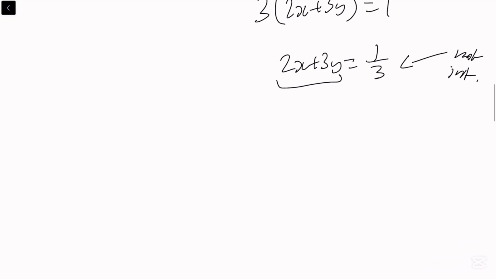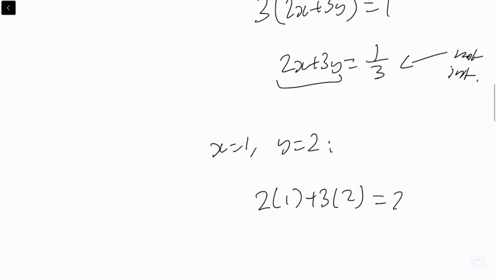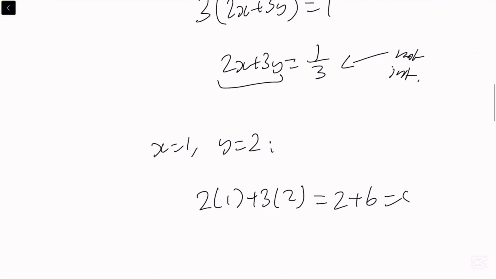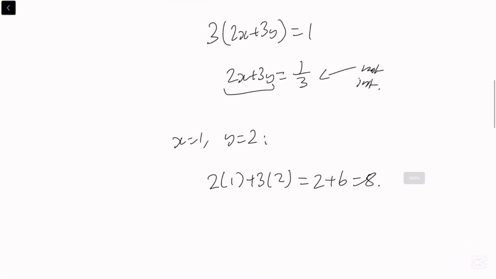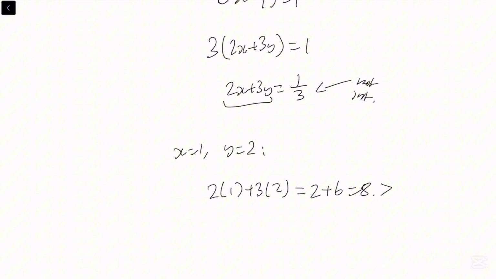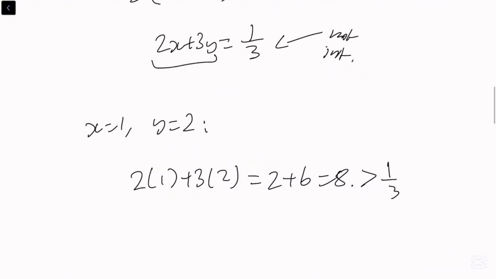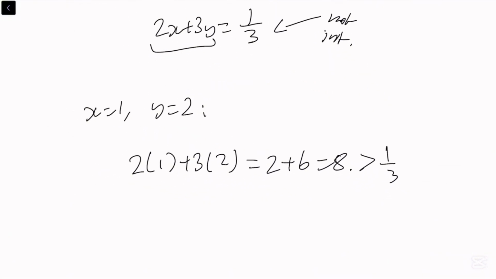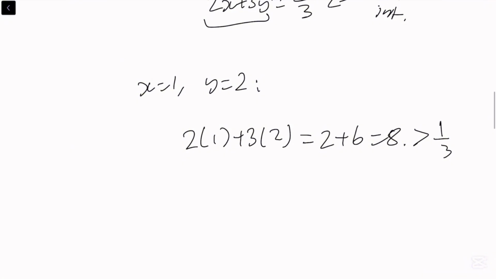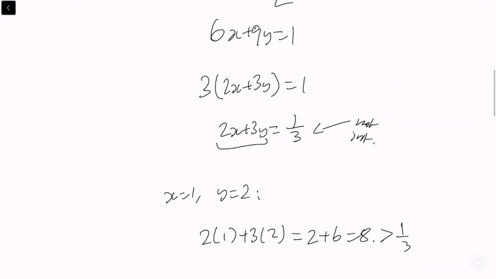For example, if we let x equal 1 and y equal 2, we get 2 times 1 plus 3 times 2. This is equal to 2 plus 6, which is equal to 8. This is way above 1/3, and it's an integer as well. And this works for any number, in case you want to try it out.